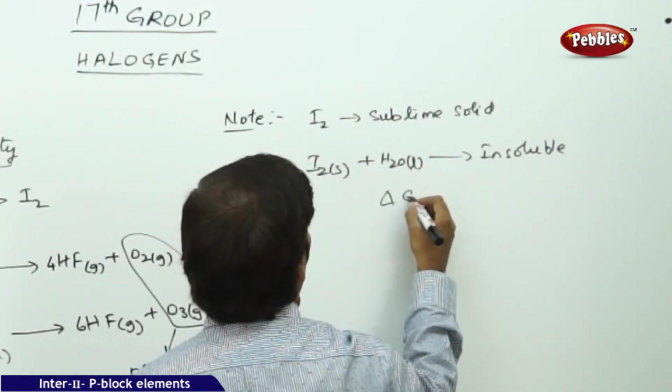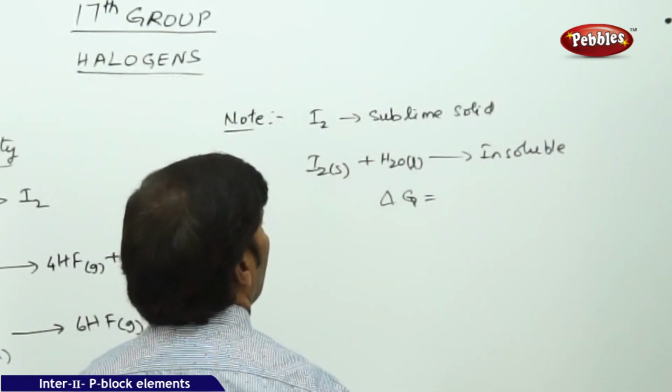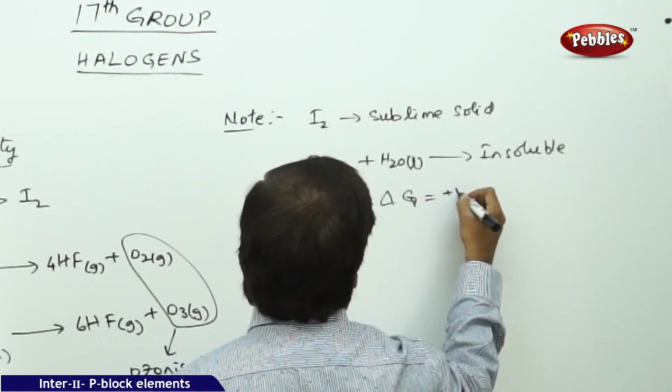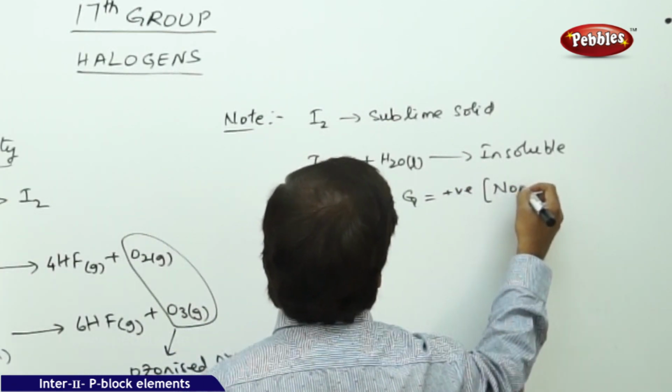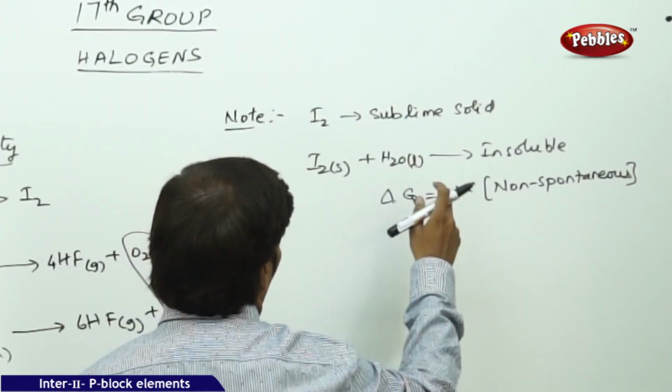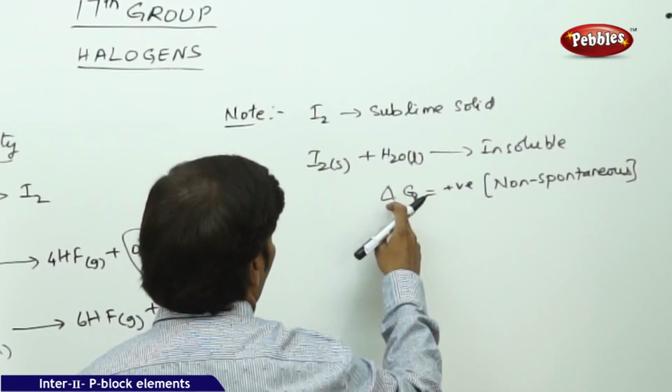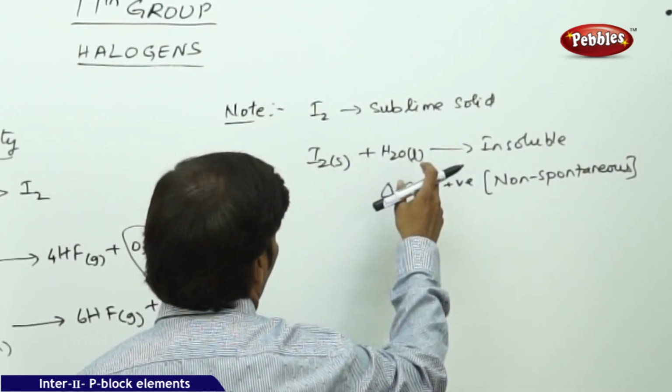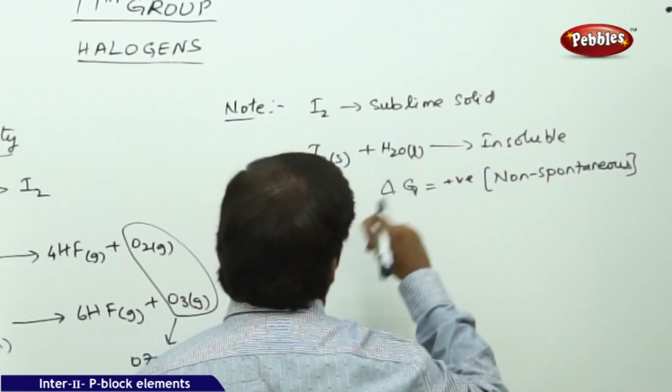Because the solubility is expressed in terms of free energy, which is positive, and it is non-spontaneous. Iodine, because of its large size, is insoluble in water, since the change in free energy of its solubility is positive, which is non-spontaneous.